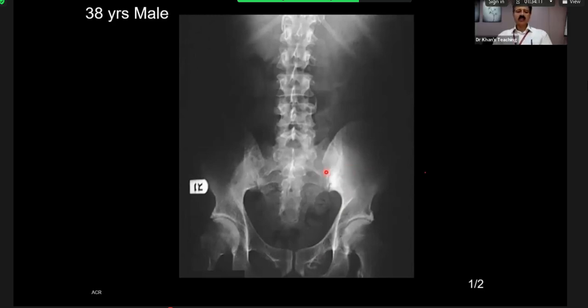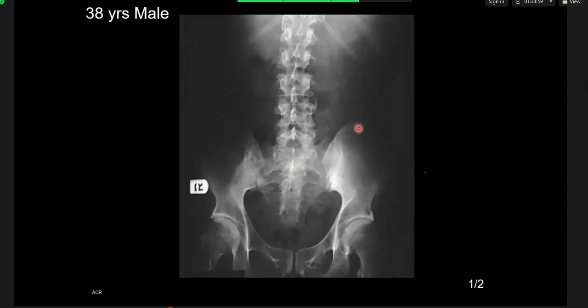Okay, with this finding and this finding, what is your conclusion? Yeah, as there is asymmetrical SI joint involvement and floating syndesmophytes, the first differential is psoriasis and less likely ankylosing spondylitis.